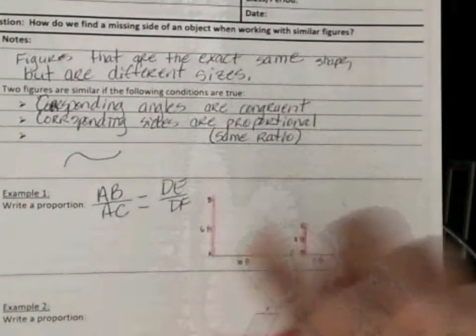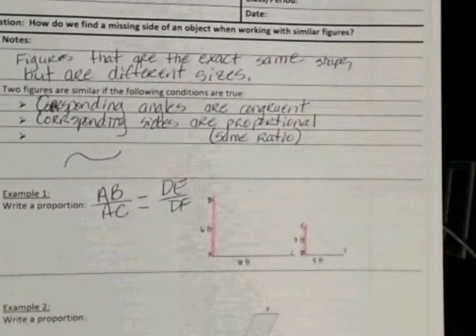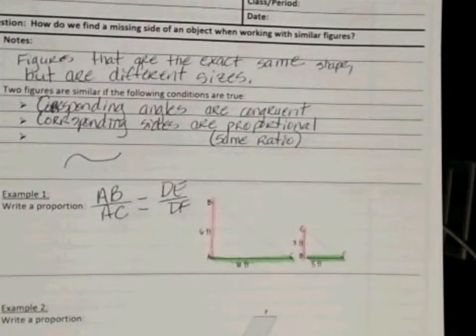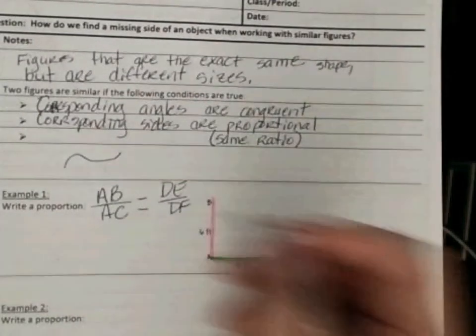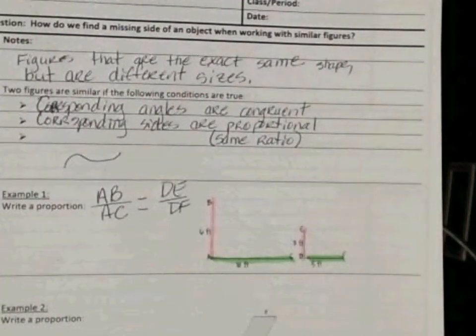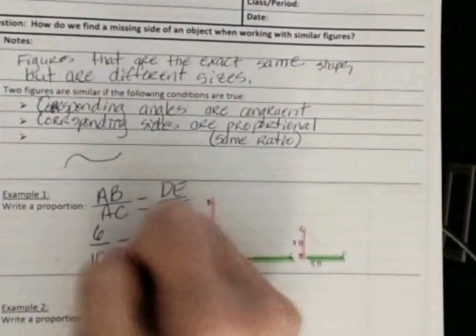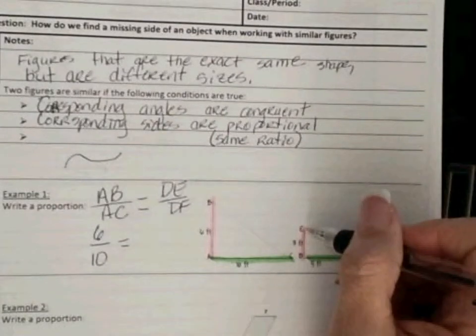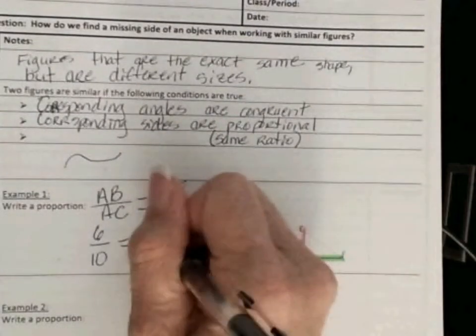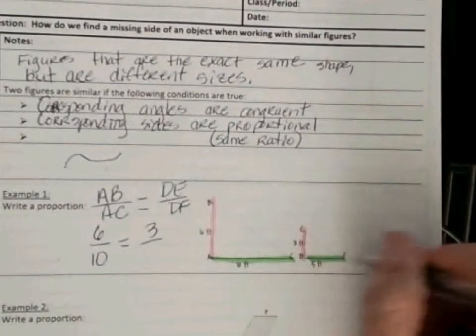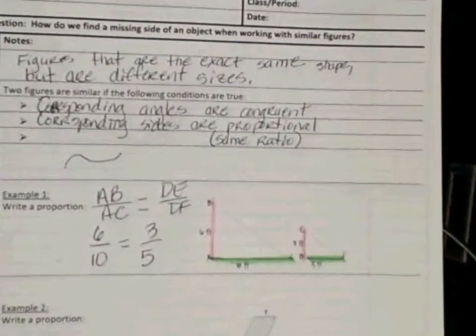It might help you, because you're not always going to have figures. Usually they're not going to give them to you right next to each other. They're going to turn one or flip one, so it's not as easy to tell. You almost want to take scissors and cut it out and turn it, but you have to do it in your mind.